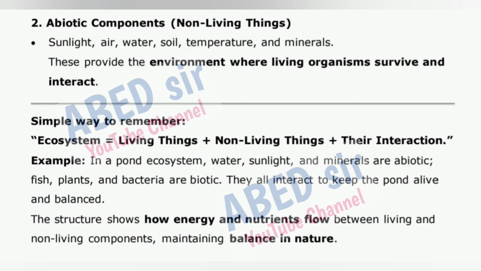Example: in a pond ecosystem, water, sunlight, and minerals are abiotic, fish, plants, and bacteria are biotic. They all interact to keep the pond alive and balanced. The structure shows how energy and nutrients flow between living and non-living components, maintaining balance in nature.